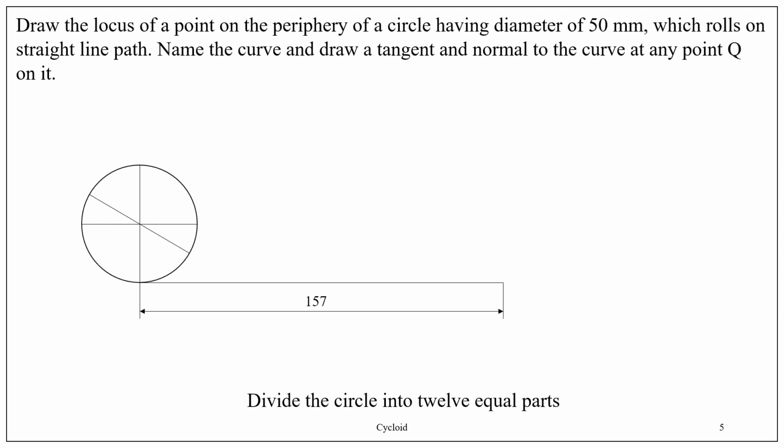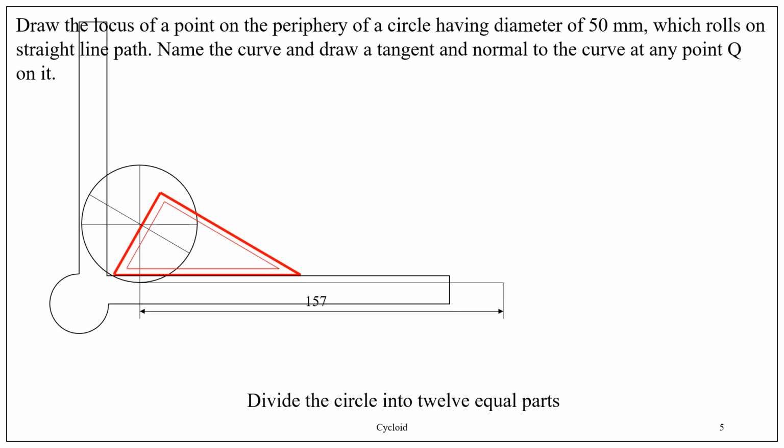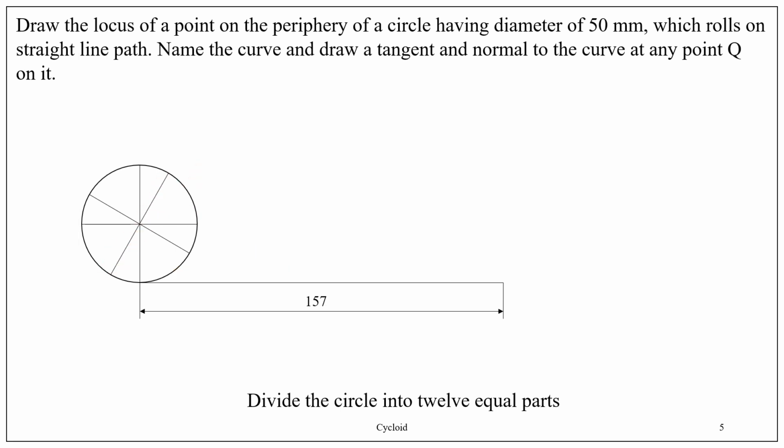Now move the mini drafter and 30-60 degree set square such that the shortest edge of the set square coincides with the center of the circle. Now through this edge, draw a line.